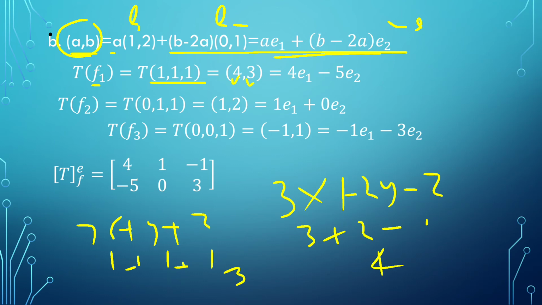Our A in this case, comparing this with this, is 4, and our B minus 2A is actually this. So that's the first part solution.